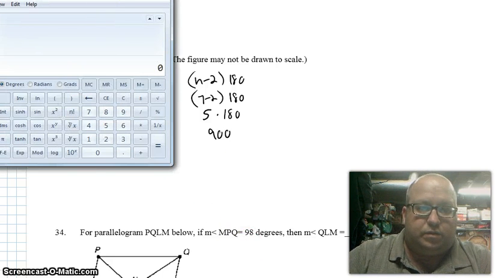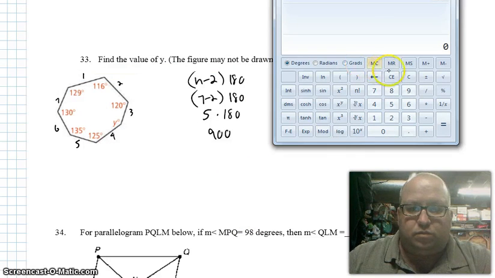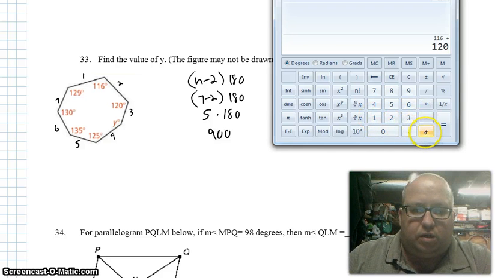Let's see. I'll just start by the 1. 116 plus 120 plus 125 plus 135 plus 100. Uh-oh.